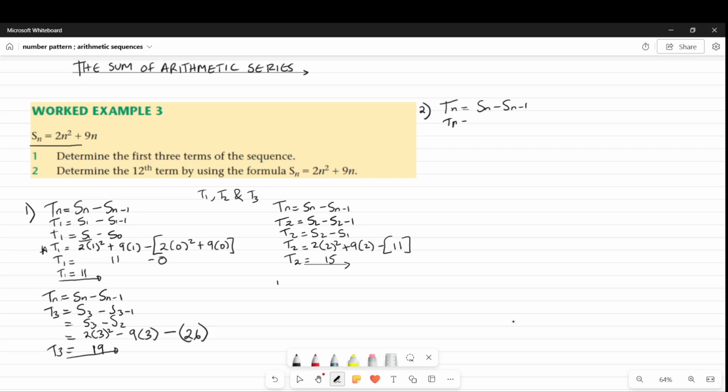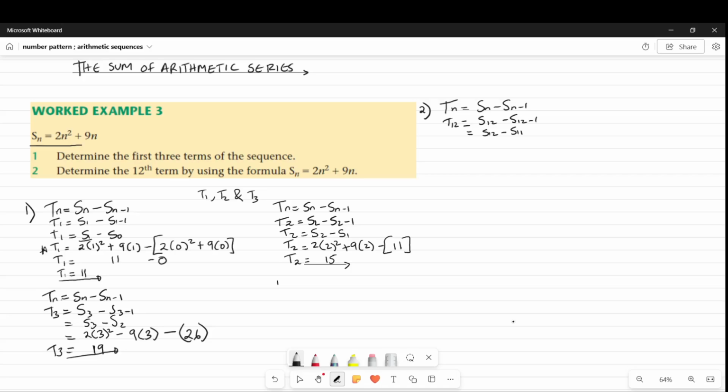We're looking for T12. So T12 is S12 minus S11.